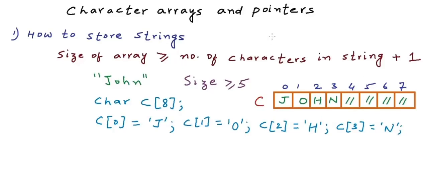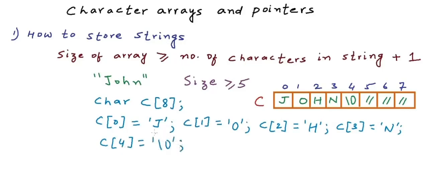To store this information that this is the end of the string in the character array, this is the used part of the string, and this is the unused part, we use a simple design. At the end of the string, in the next position, we put a null character. A null character has ASCII value 0, and we can put a null character at position 4 in this example, something like this.